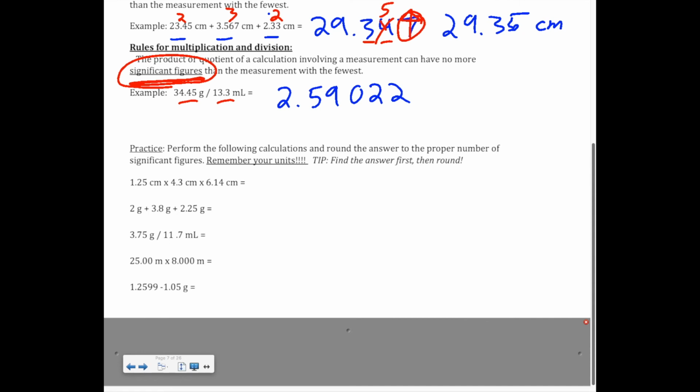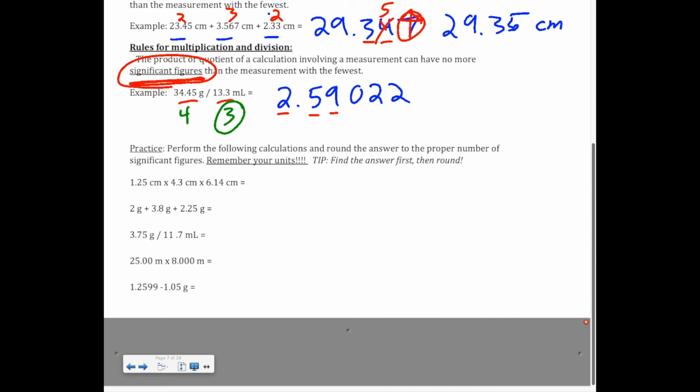What you now want to use is the least number of sig figs. So I'm going to pick up my pencil and underline my first 3 sig figs, because in my problem I had 4 sig figs here and 3 sig figs here. The least number is 3. So I'm going to use 3 sig figs in my answer.